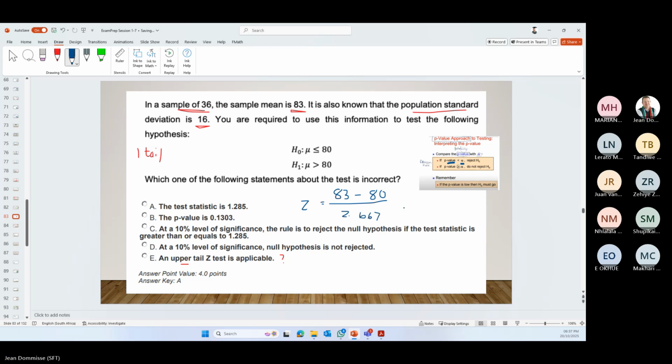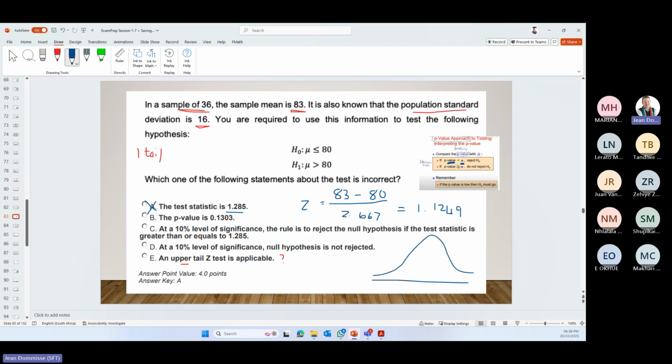So Z is 3, because 83 minus 80 is 3, divided by 2.667, is 1.1249. Okay, the test statistic is 1.285. That's the incorrect one. So it needs to be 1.1249.